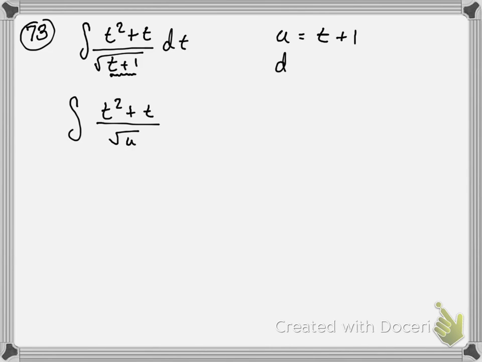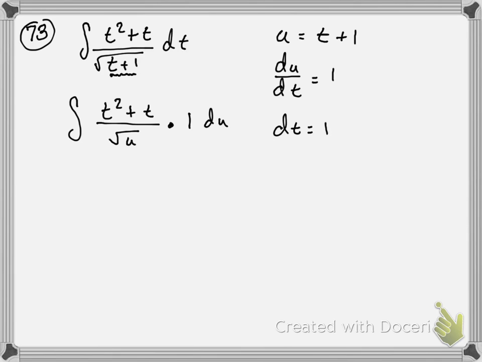Okay? So du dt is 1, which means dt is equal to 1. Now, the problem is that doesn't cancel anything out, does it? All right? So we have to get t in terms of u.